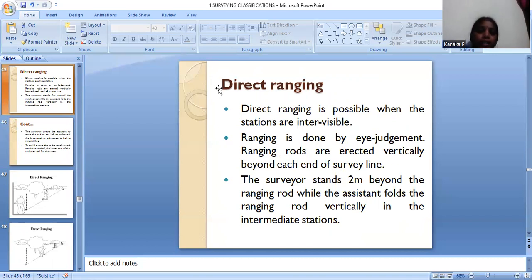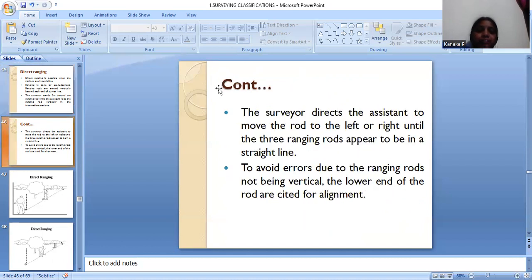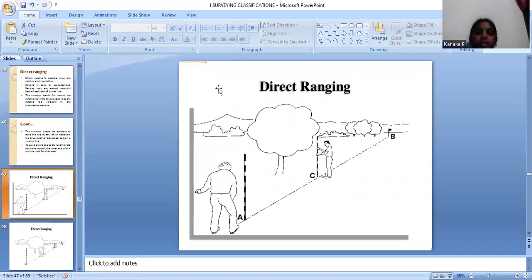Ranging is done by eye judgment. The surveyor stands 2 meters beyond the ranging rod while the assistant holds the ranging rod vertically at the intermediate station. To avoid errors due to the ranging rods not being vertical, the lower ends of the rods are sighted for alignment. This is direct ranging.